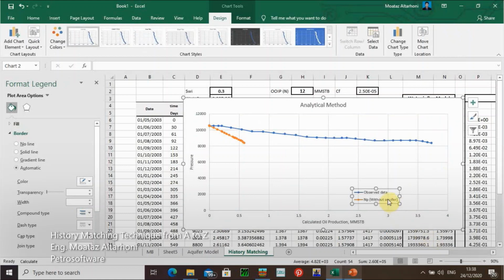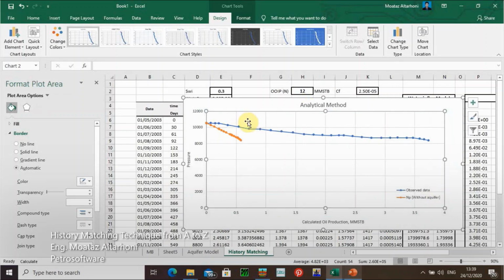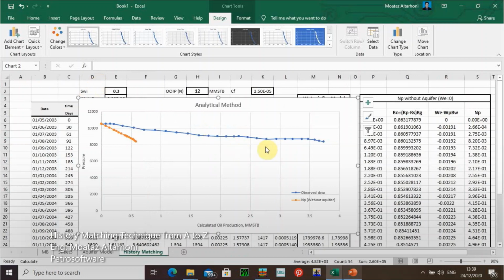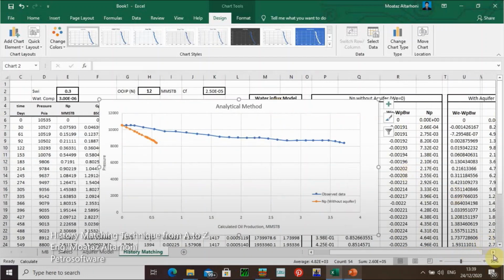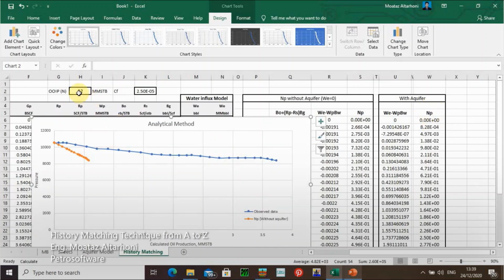So now I need to add another. What's the next step? Now I need to use another, different curve. It's called with aquifer. In this one, I calculate the cumulative oil production depending on the value of original oil in place.